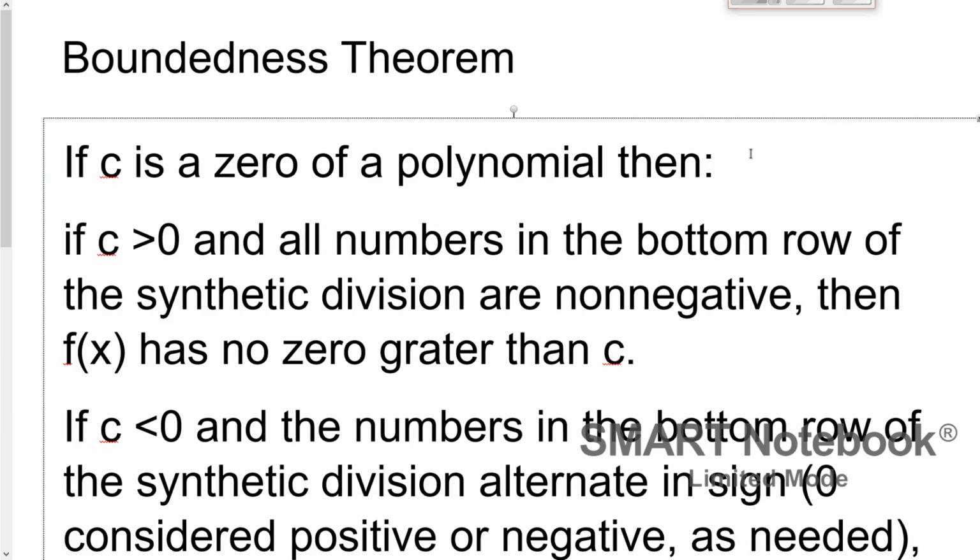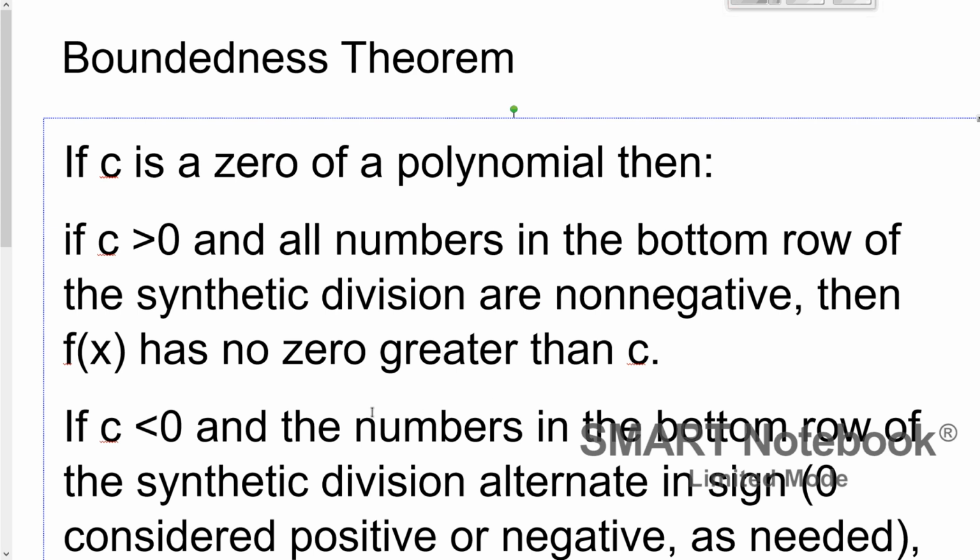If c is a 0 of a polynomial, then there are two circumstances in which the boundedness theorem can help. If you found a 0, you can look at the bottom row of your synthetic division, and if they're all positive, then you have no 0 greater than c.